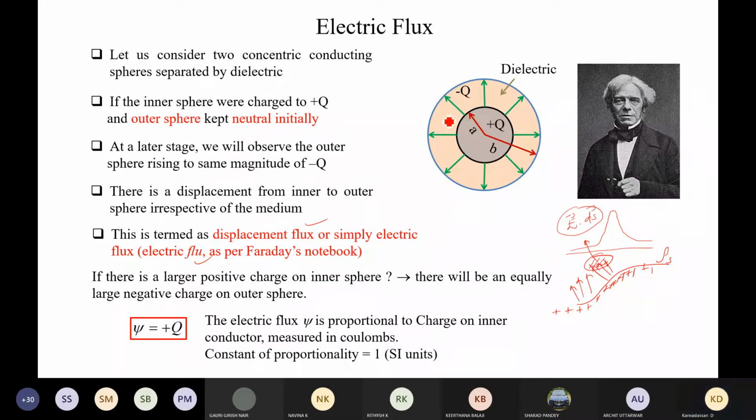Since this concept is true, the total flux exerted out of this charged body will be directly equal to the source charge itself.